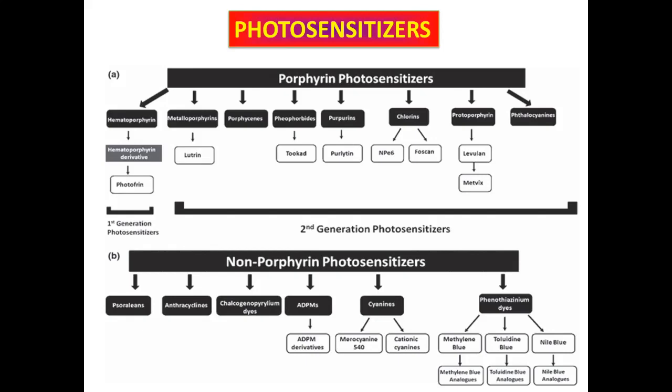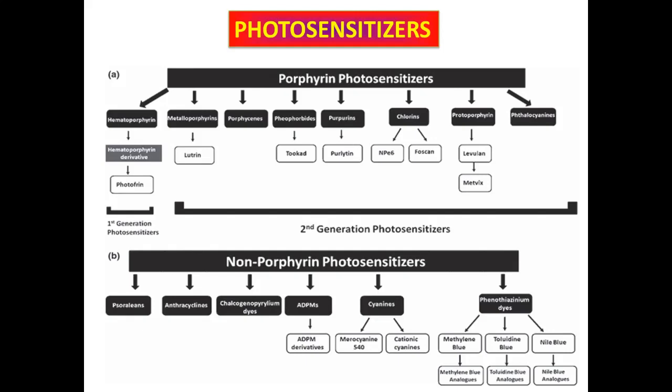So we have different generations, first, second, third, porphyrin, non-porphyrin, chlorins, phthalocyanines, and ALA. Then hematoporphyrin, and some naturally occurring photosensitizers like hypericin. These are very helpful in treating cancer cells.